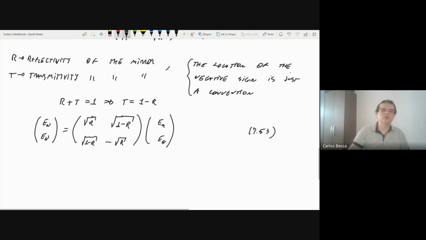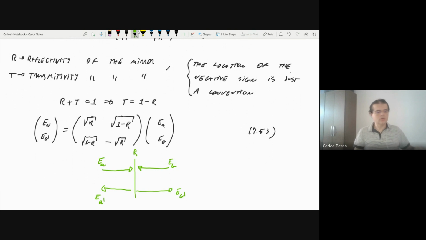Okay, here you have a mirror with reflectivity R. If you have incident light proportional to E_A, or on the other side E_B, and this is the part that was transmitted, E_A prime, E_B prime.